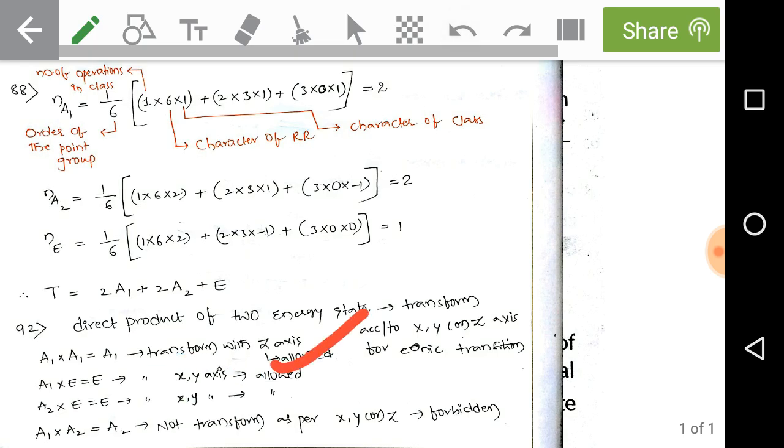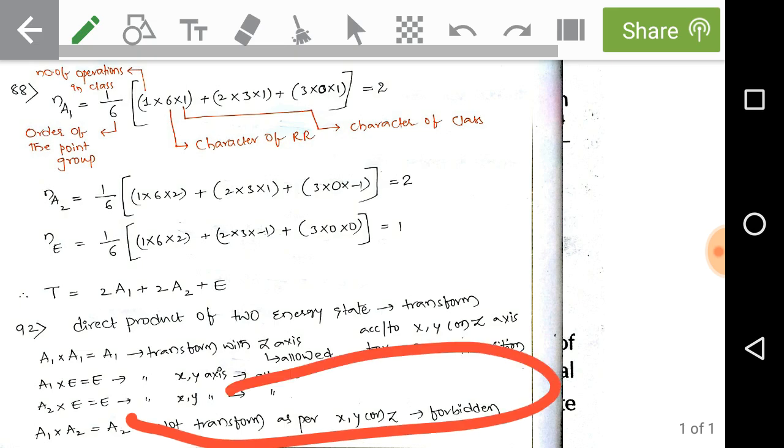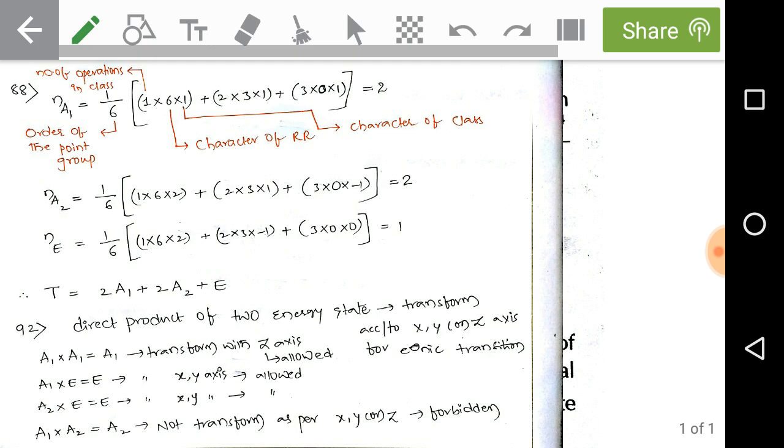And A2 and E also transform as x comma y. You can see A2 and E are related with x comma y, that's why it is allowed. Whenever we take the A1 and A2 product, it results in A2, and that A2 does not transform as per x comma y or z. Just look at the character table, that's why it is forbidden.